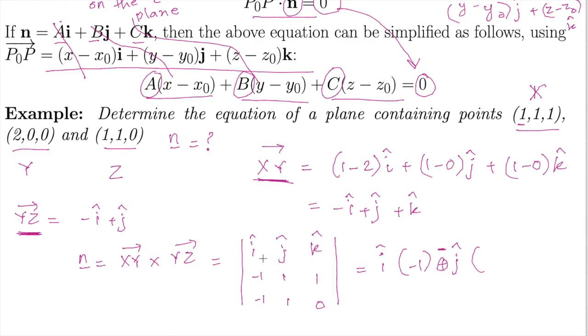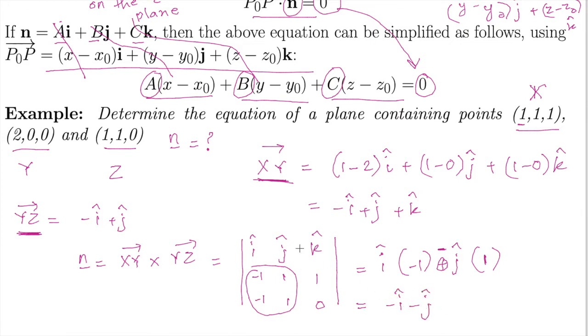So for j, we will get 0 minus minus 1, which is 1. And for k, we will get 0, because both rows are the same, so we have 0 determinant here. So this will equal minus i minus j.